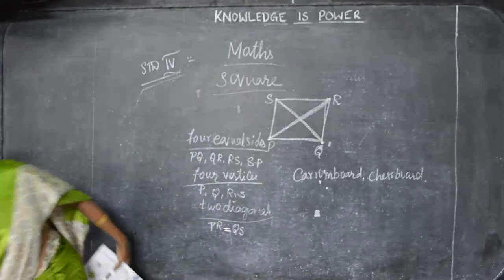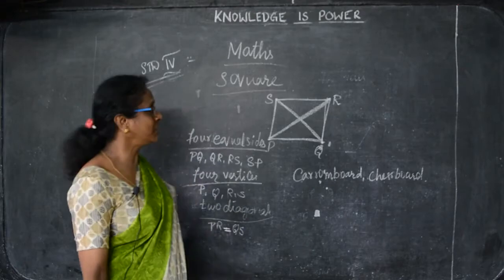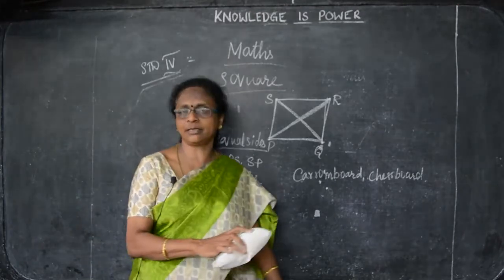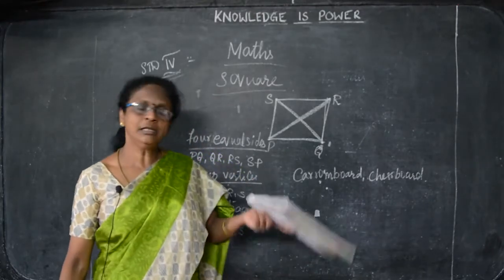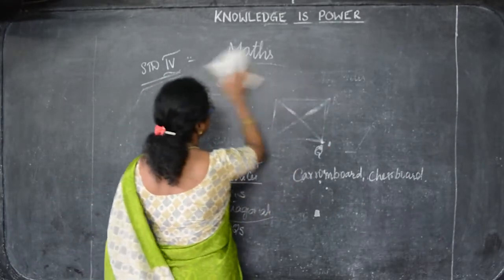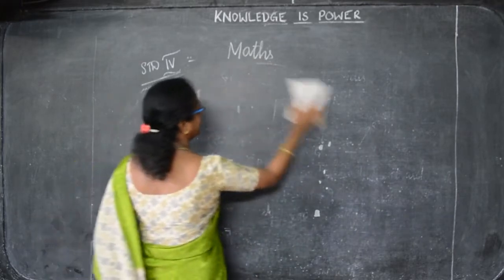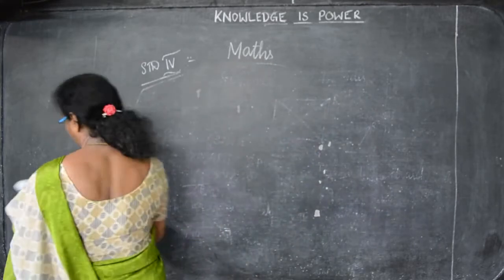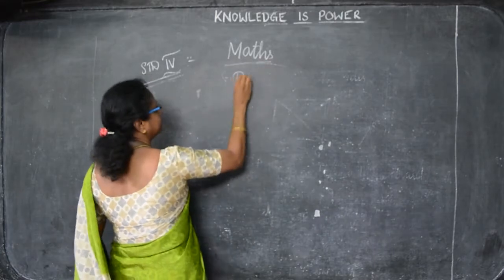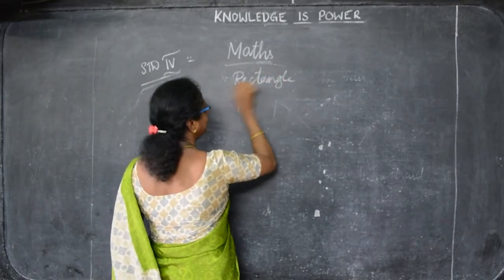A rectangle also has four sides and two diagonals, and all that will be the same, but not all four sides are equal. In a rectangle, opposite sides are equal, and the diagonals also will be equal. What points do you have to write?